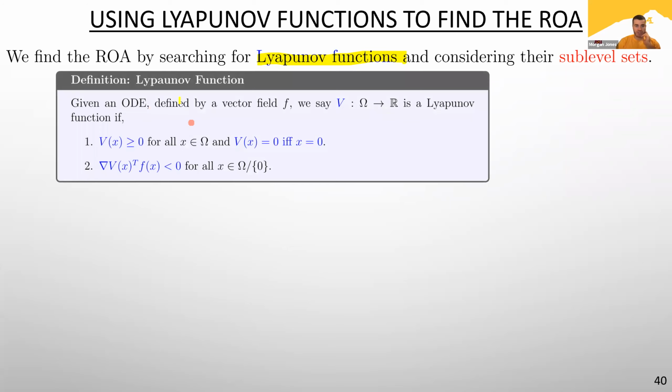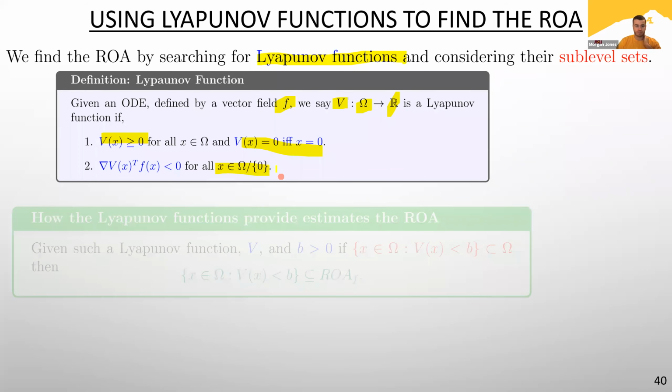So given an ODE defined by some vector field f, a Lyapunov function V is a function that has a domain omega and maps to the reals such that it's positive and 0 at 0, and also satisfies this inequality that intuitively means it decreases along the solution map, and that is for all points in its domain except the origin.